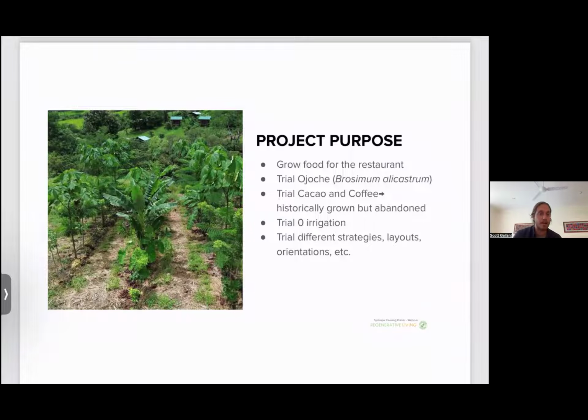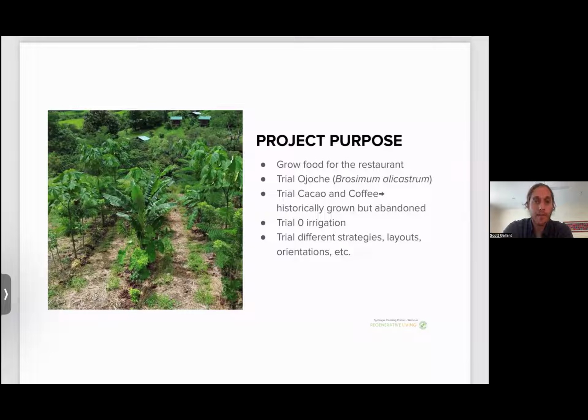So we're trialing a nut crop called a hoche. It's a native nut that really hasn't been used as a food source for probably 50, 60, 70 years in this area. We're trialing coffee and cacao, which have historically been grown in this area, but are all but abandoned. We're trialing a zero irrigation approach.